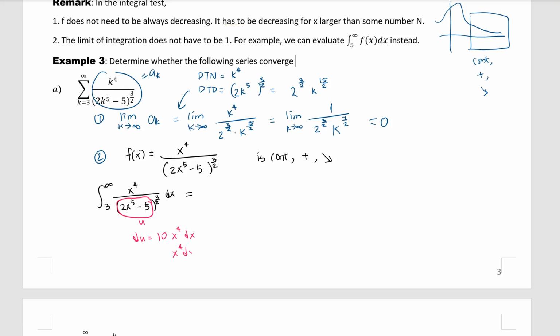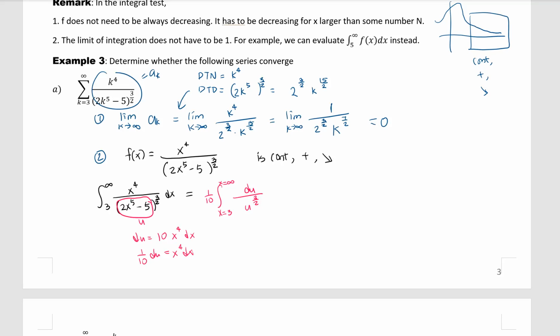Then x to the 4th dx is 1 over 10 du. And then we have u to the 3 over 2. Those 3 and infinity are x values, so you either put u of 3 or u of infinity.